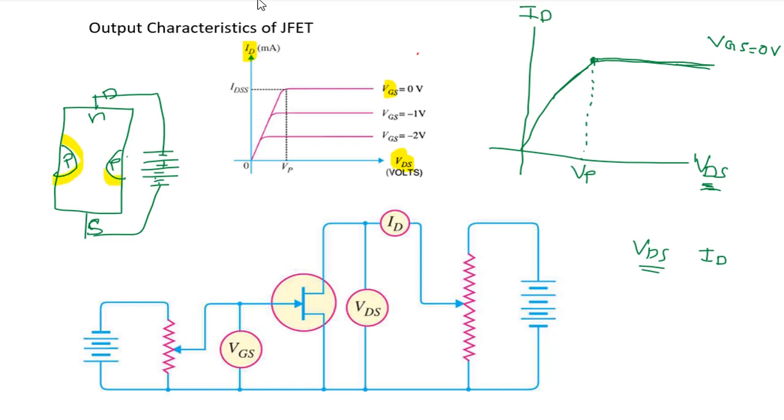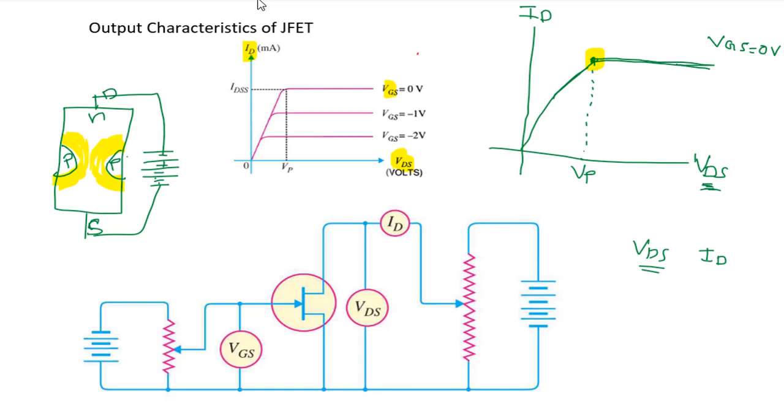As you increase further, the depletion region will again increase, and at pinch off voltage Vp, these depletion regions will just touch each other, or the channel width is so narrow that the depletion layers almost touch each other.